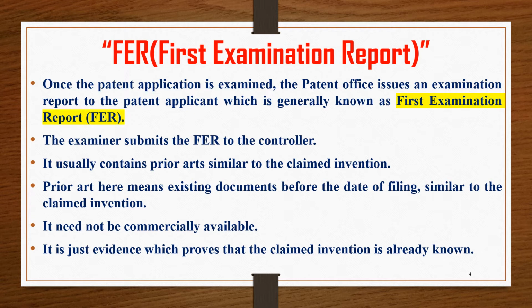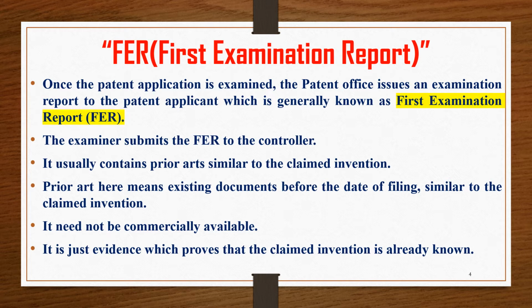When the patent application got examined, that means after the completion of the examination of the application, the patent office issues a report, an examination report to the applicant. And this report is known as first examination report.